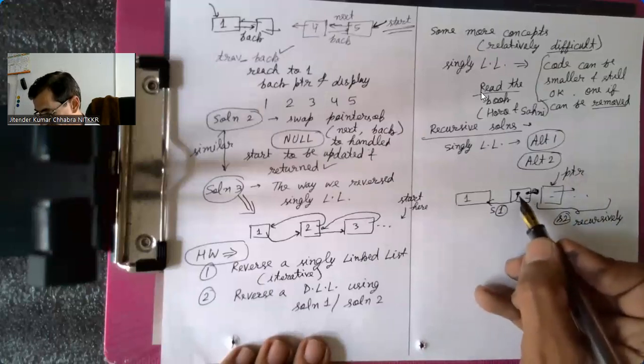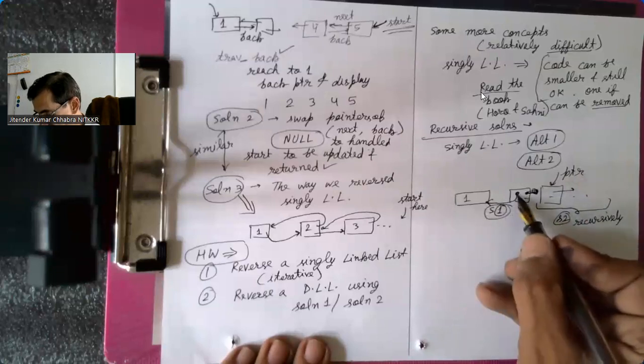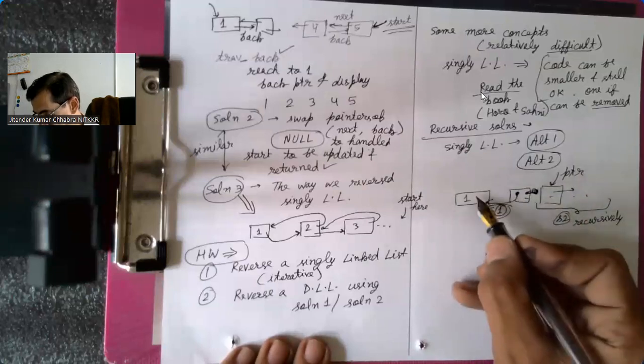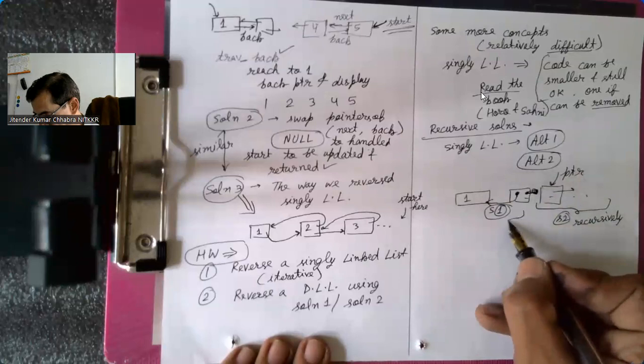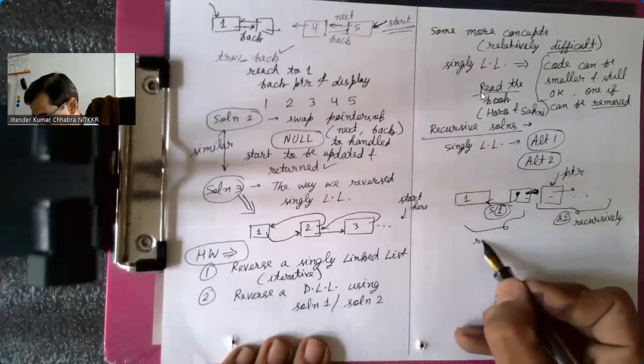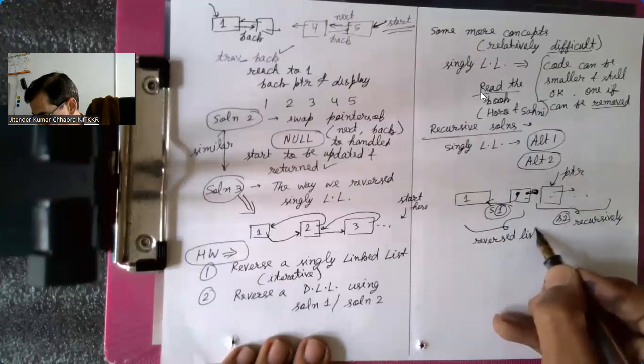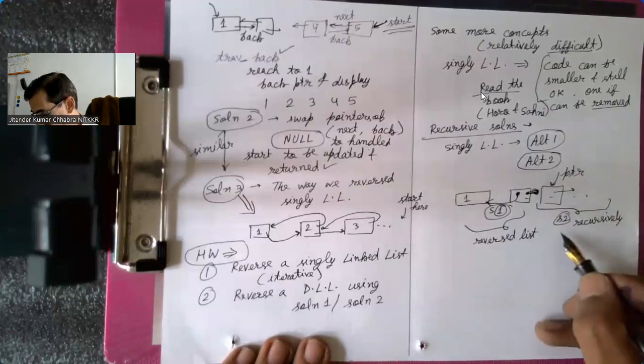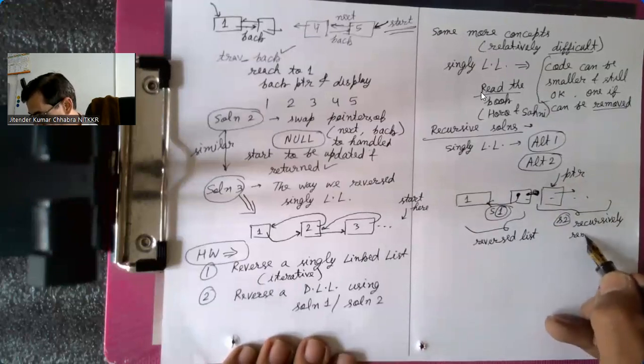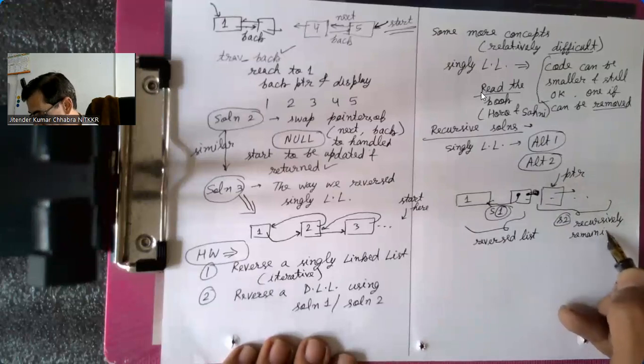So I say every time I will link my current node with the previous. So this is my reversed list. So you will need accordingly a pointer to the start of the reversed list. And this is the remaining list. You will need a pointer to the start of the remaining list.